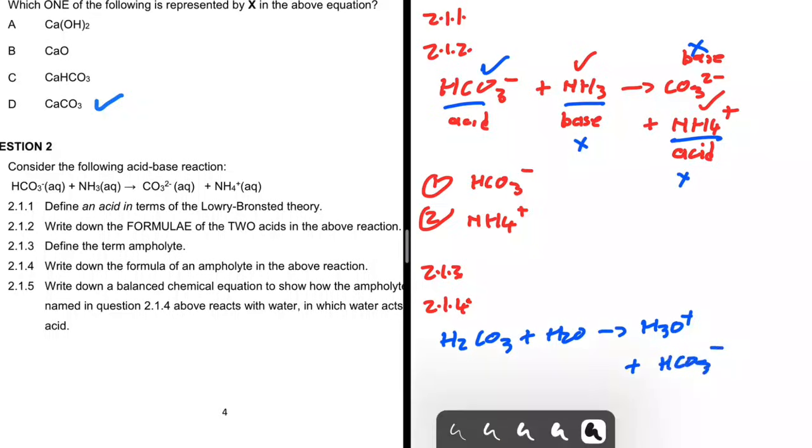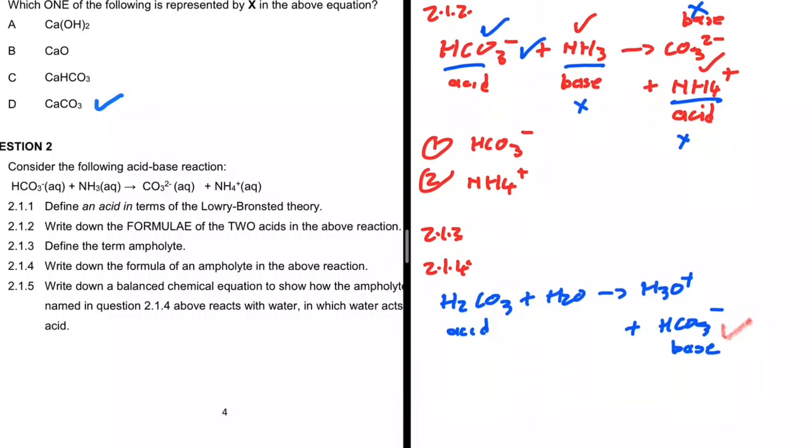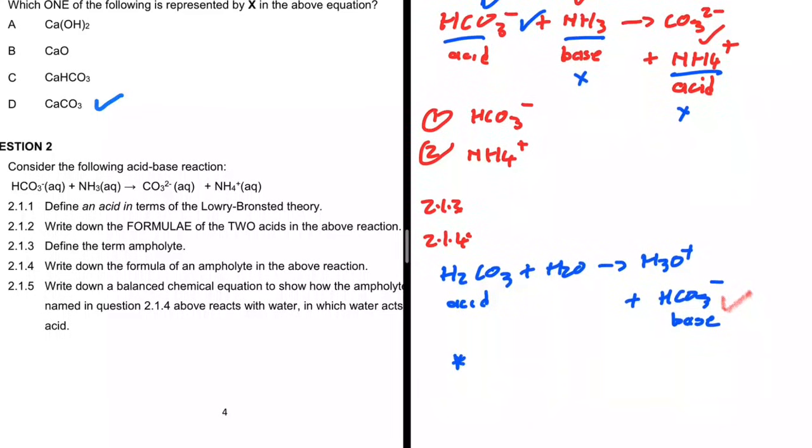So you can see that this is the acid and this is the conjugate base. In this case it is acting as a base, but in our reaction it is acting as an acid, so it can act as both an acid and a base. So for 2.1.4, the answer is HCO3 minus. It can act as both an acid and a base, clearly.